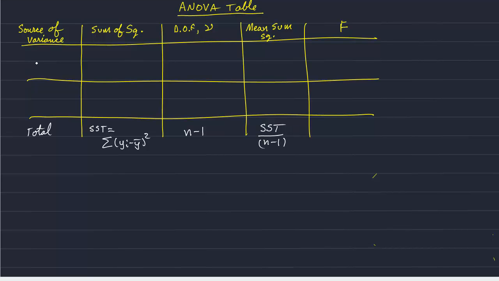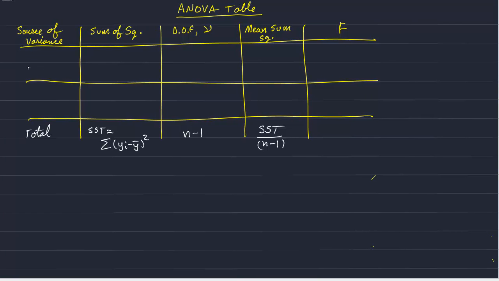Okay, we had the part due to our regression, and the sum of squares was SSR, and that again is the sum of how our model deviated from the mean, squared, and that's all summed for all model values.